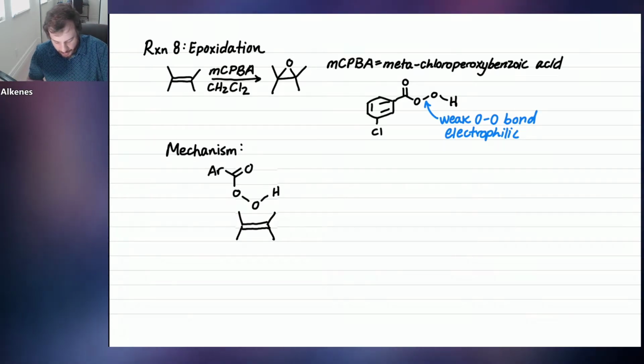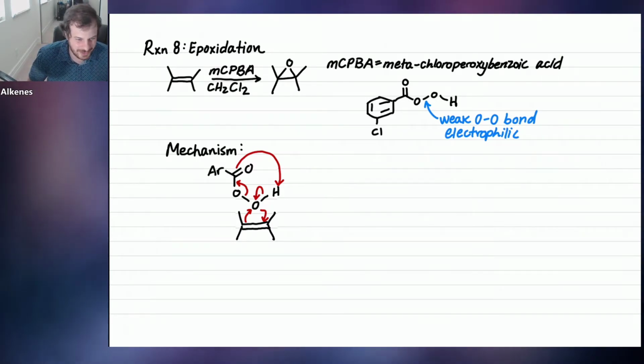Okay, so all the action happens actually at the second oxygen, so the oxygen that's far away from the CO double bond. Okay, watch these arrows. Tell me if this is enough arrows for you. The alkene attacks the oxygen. The oxygen attacks the alkene. Okay, that's not too crazy. The weak oxygen-oxygen bond breaks towards the CO double bond. The CO double bond grabs the hydrogen. And then the hydrogen-oxygen bond breaks.